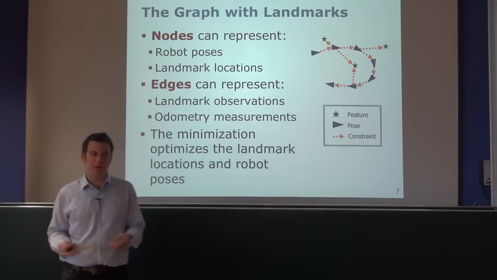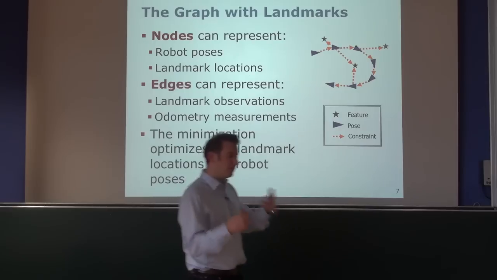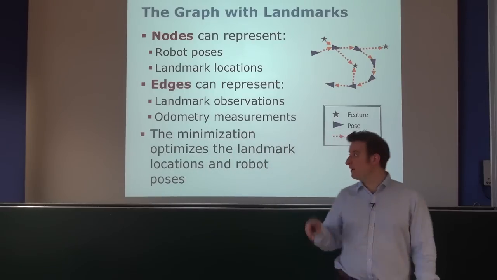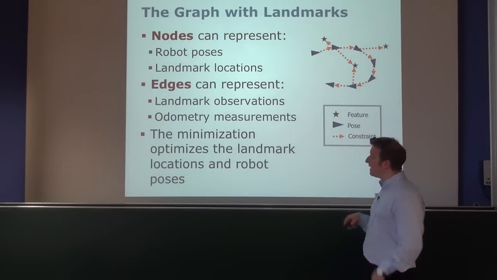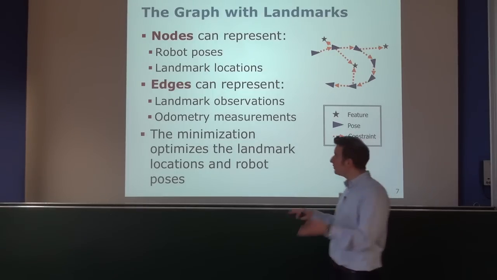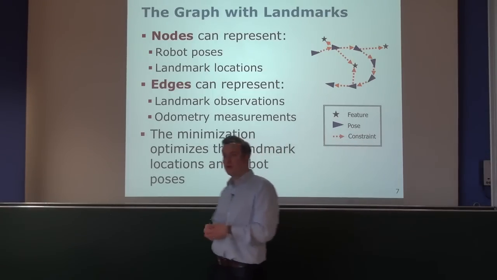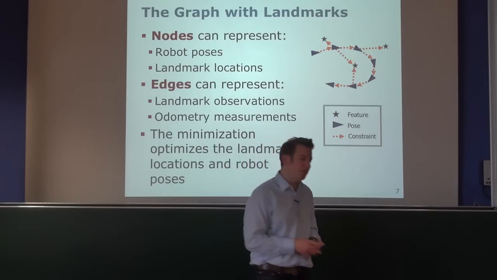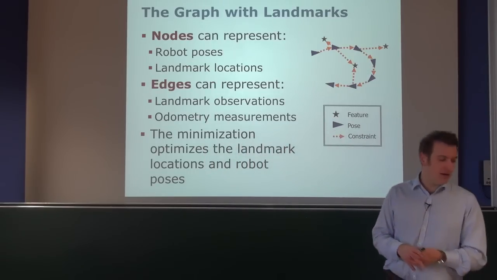Typically, the information that you obtain from one of those feature observations is less than you would get from a full view of the environment. So you need to accumulate multiple features, seeing multiple features at the same point in time. Then you can again reconstruct the relative positions of the robot.